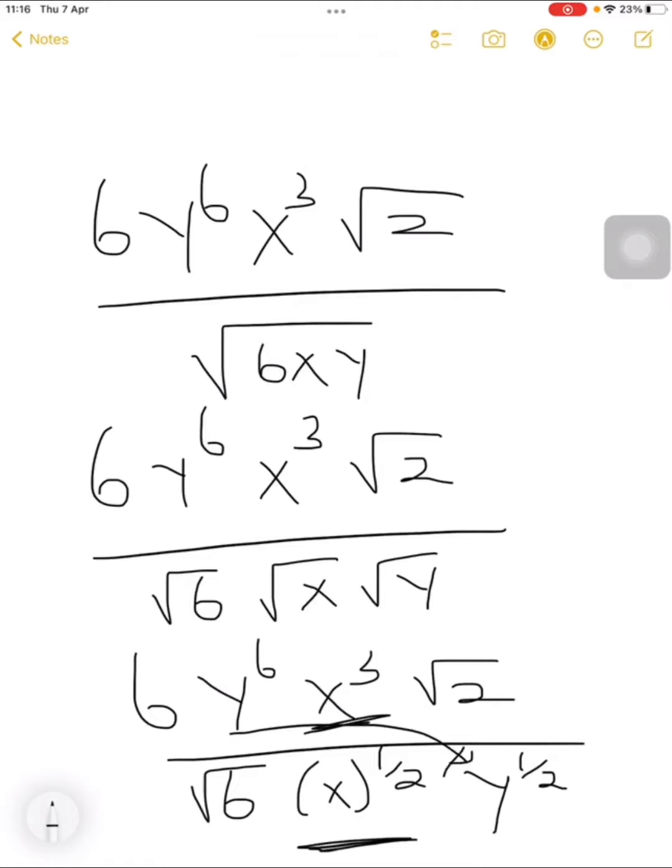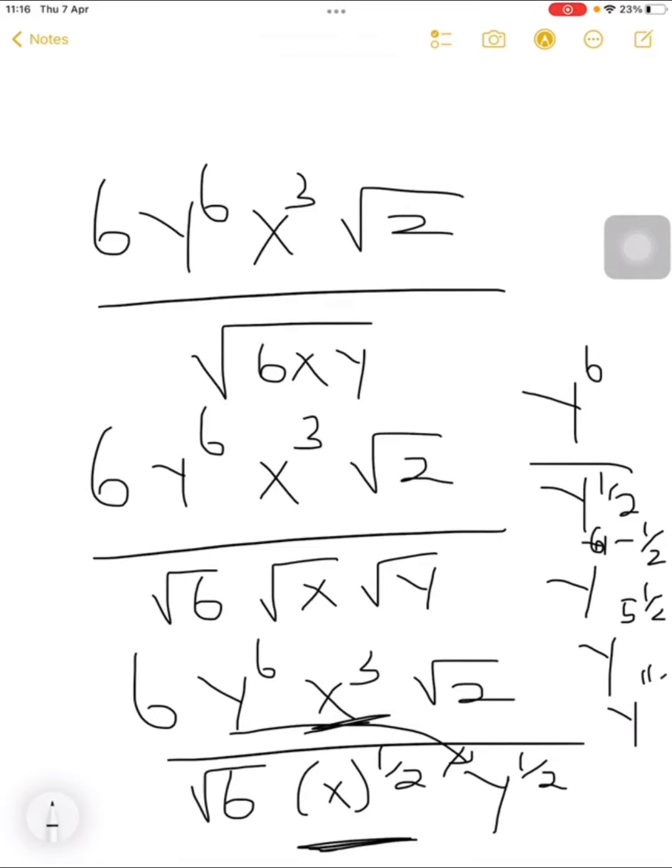So we have y⁶ divided by y^(1/2). According to laws of indices, whenever the base is the same and it's division, you subtract the powers. So we'll have 6 minus half, and then we'll get y^(5½), which is the same as y^(11/2).